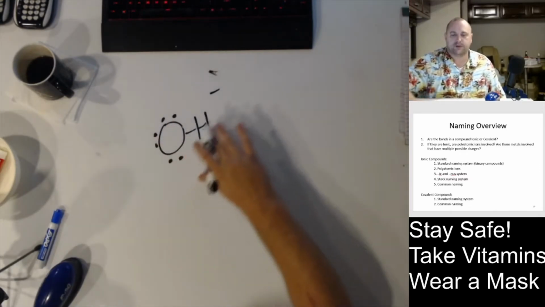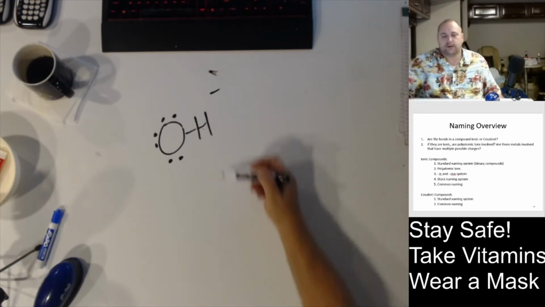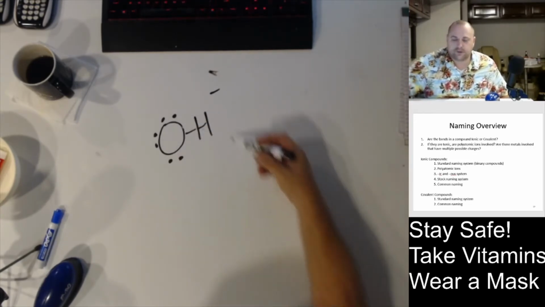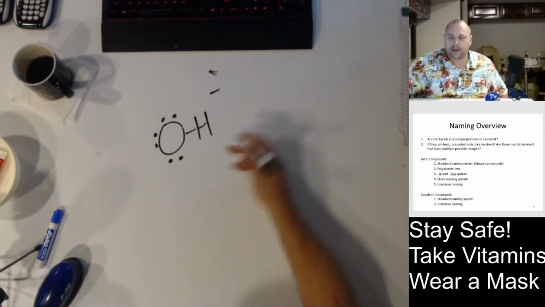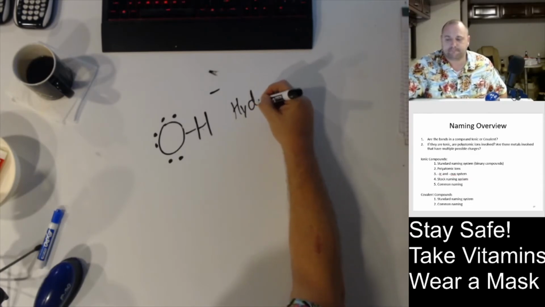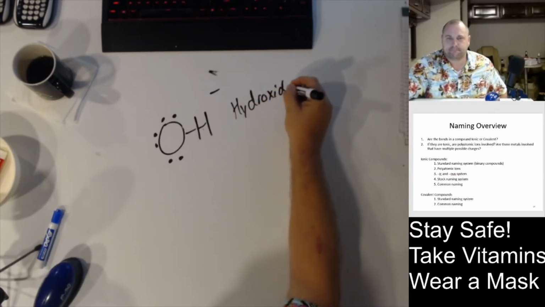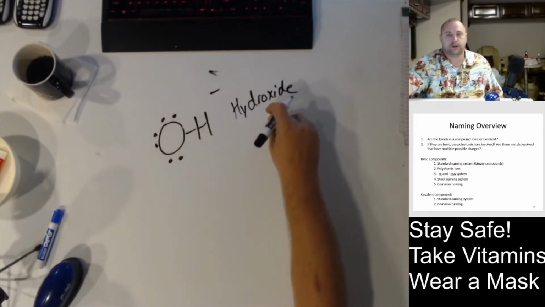It has an extra electron. Instead of just having 7 valence electrons, it now has 8 valence electrons. So anytime we have this extra one, this is a polyatomic ion. And when we look it up on our list, OH minus is hydroxide. All right. So this is why I wanted formula, charge, and the name.